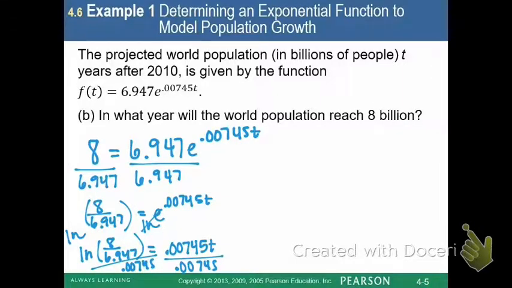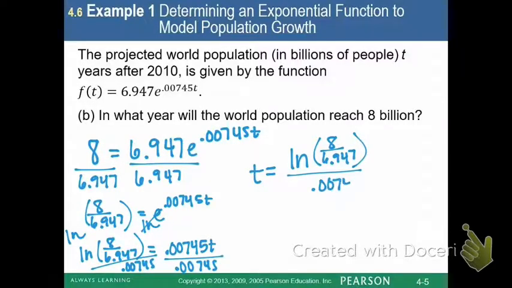So what you're plugging into the calculator here, we have t equals natural log of 8 over 6.947 all over 0.00745. You should get 18.94. Okay.